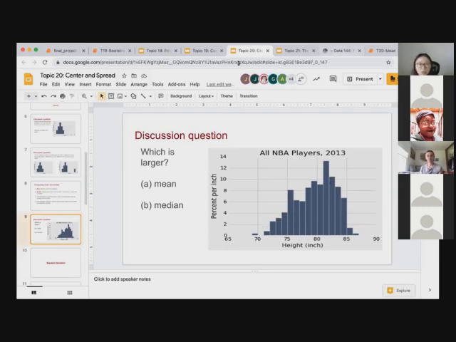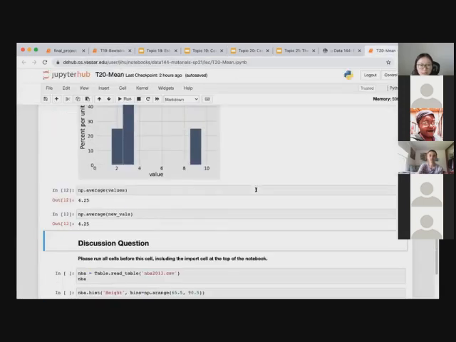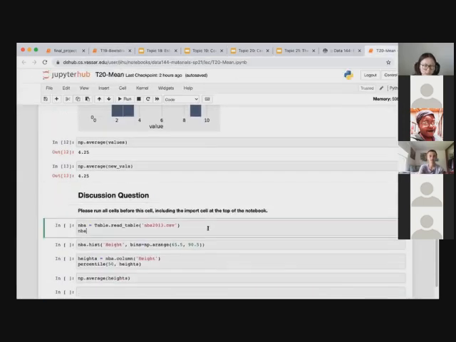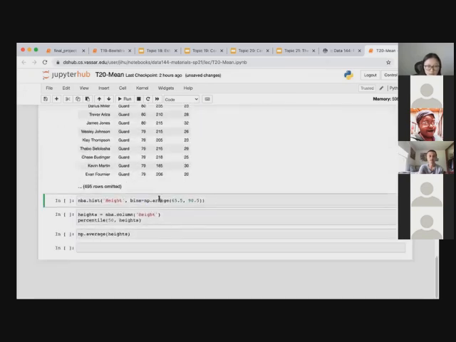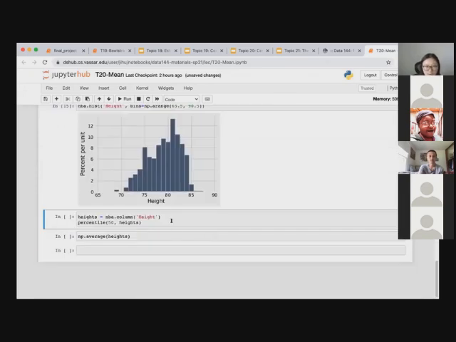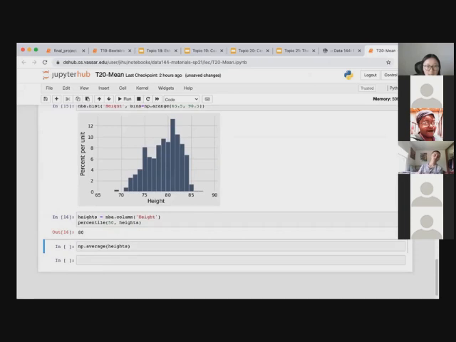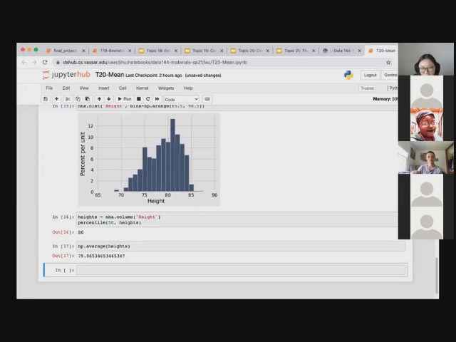Actually, they're pretty similar. In fact, the data is available, so we can check quickly. That's how we got the histogram in the first place, okay? And the median, using the percentile function, is 80. And it's very close. The mean is 79, okay?